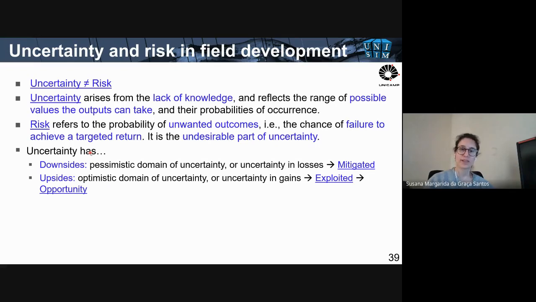You have the base case, remember, you have pessimistic values, and you have optimistic values that are better than the base case. So those cases, I cannot call them risk. They're not risk, they're good. An optimistic scenario is not a risky scenario, okay? That's why we say that uncertainty and risk are different, okay? This is a very important definition, and if you're not clear about that, please say so in the chat, okay?